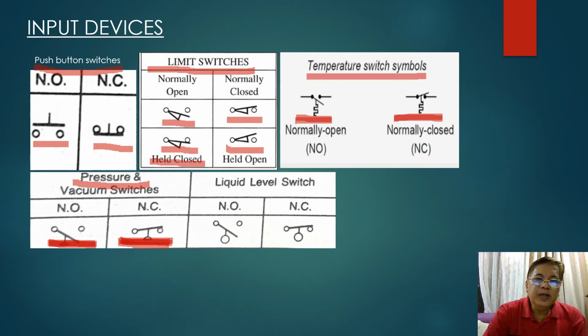Then we have the liquid level switch. So we have the normally open liquid level switch and the normally closed liquid level switch. In the same way as your pressure switch, if a particular level, or water level for example, is reached, then this normally open liquid level switch will close.